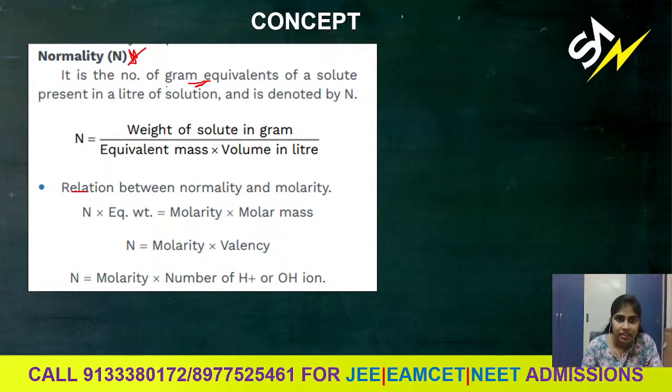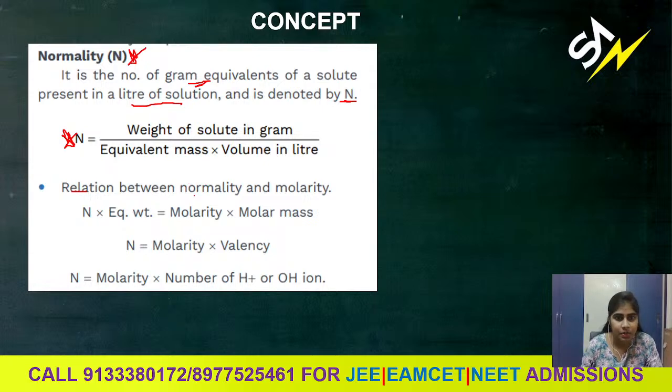It is denoted by capital N. So N is equal to the weight of the solute in grams divided by gram equivalent mass into volume in liters. So this is the definition of normality.